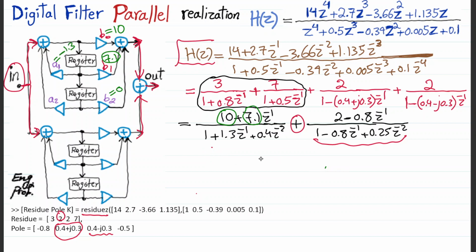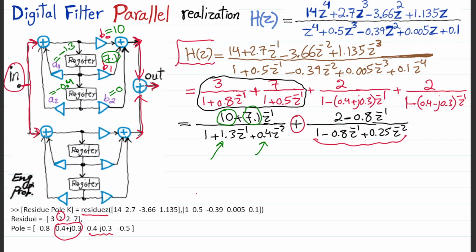Remember that when you are implementing a transfer function like this, whatever coefficient is in the denominator should be negated when you go back and put it into this direct canonic structure. Canonic meaning that it is implemented with the minimum number of registers, in this case for a second order system, hence 2 registers minimum that is possible. And a2 is negative 0.4 because we have a plus 0.4 z^-2 in the denominator, so a2 is negative 0.4.